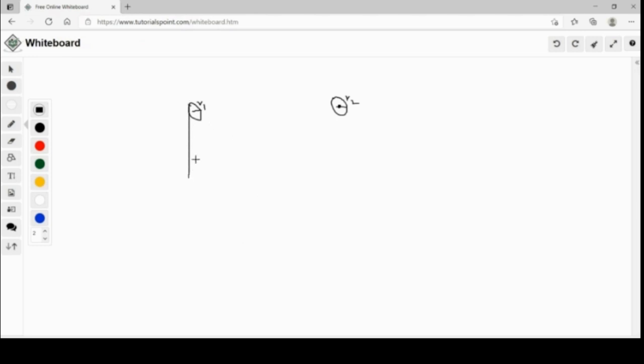Now let me write again. From here to here I am calling it D minus R2, and from here to here also D minus R2.